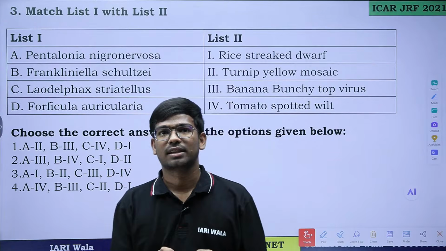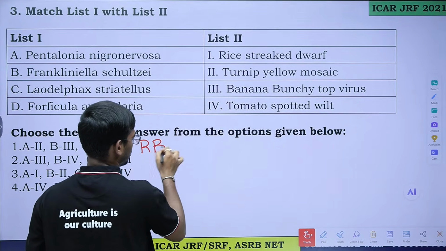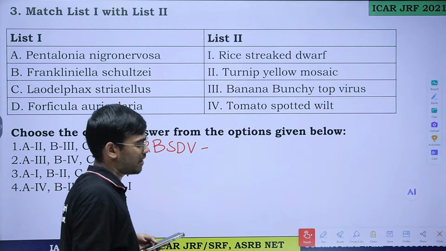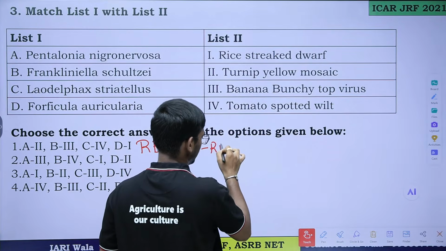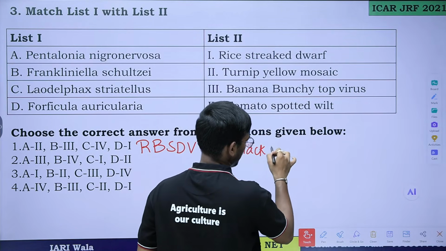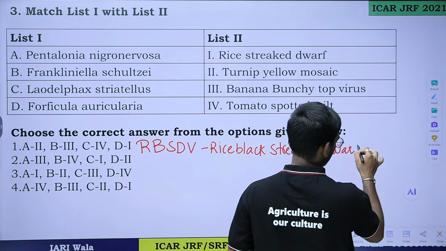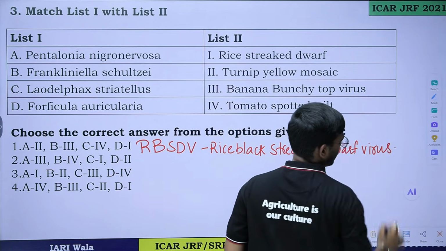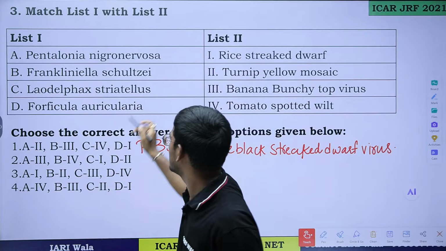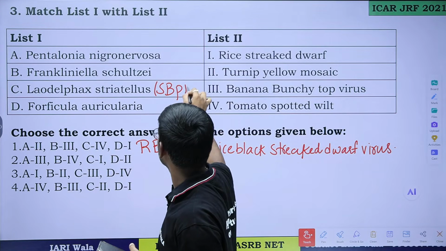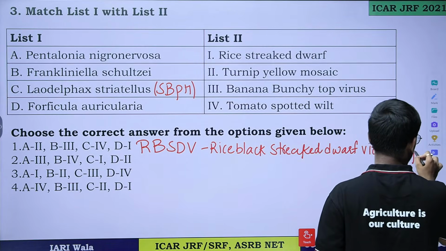Mainly, first we will discuss the rice diseases and their vectors. RBSDV is rice black streaked dwarf virus. This is transmitted by the small brown planthopper, Laodelphax striatellus, that is SBPH, small brown planthopper.